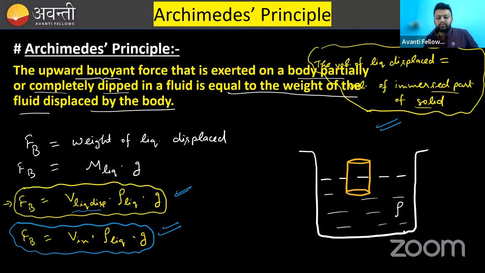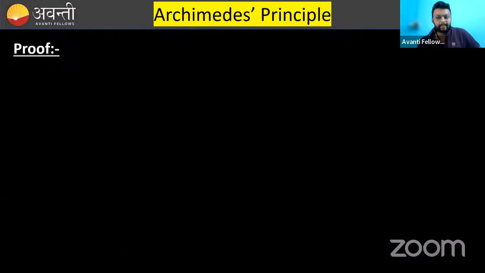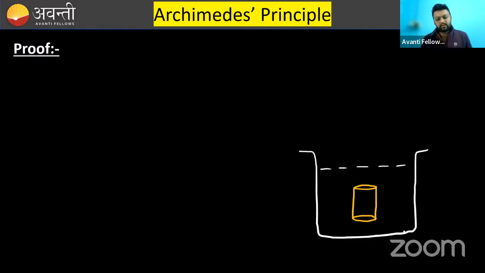Now we can also prove it on the next slide. I am going to prove this relation. Have a look at that. Again, consider a solid body. This is a container. The container has some liquid of density rho and a solid is immersed in it.